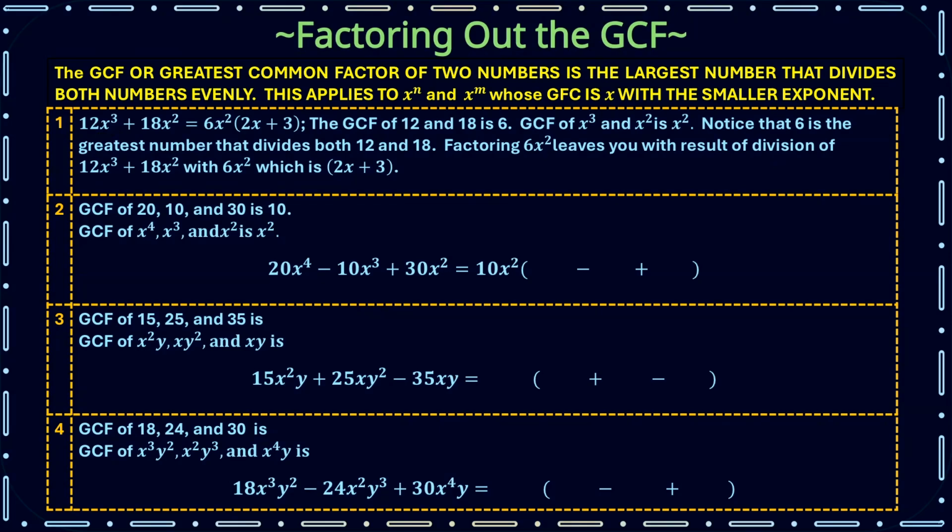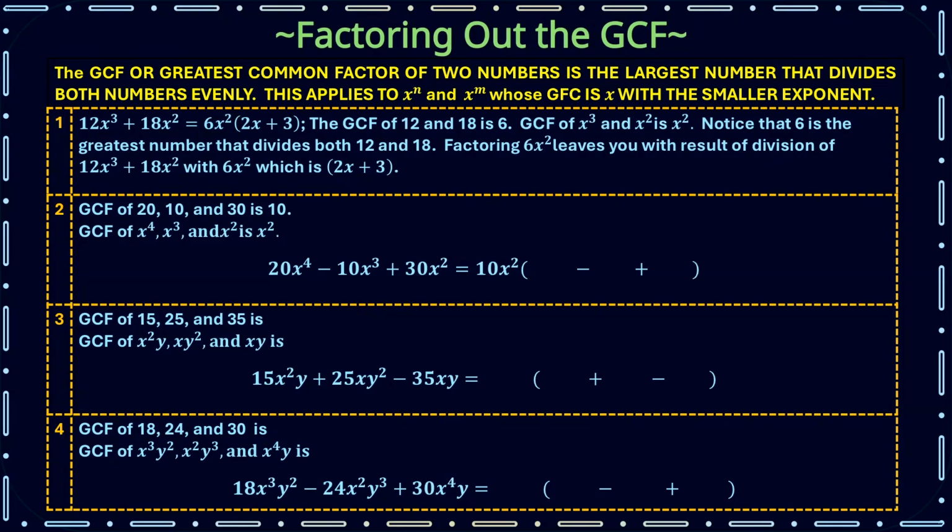First, look at 12 and 18 and find their GCF. 12 and 18 have common factors such as 2, 3, 6, but 6 happens to be the greatest common factor. So we write the GCF of 12 and 18 out. The GCF of x cubed and x squared is x squared. Remember, x with the smallest exponent. So the GCF of the whole thing is 6x squared.